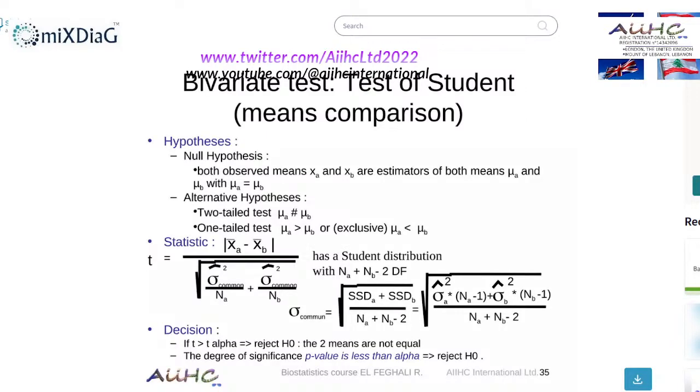And those are the statistics, how you calculate the Student T statistic. We also call it the T-score or T-statistic of the bivariate test. Here we compare the means of two samples.